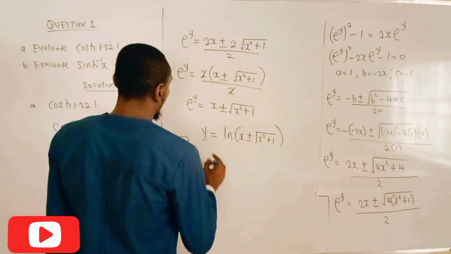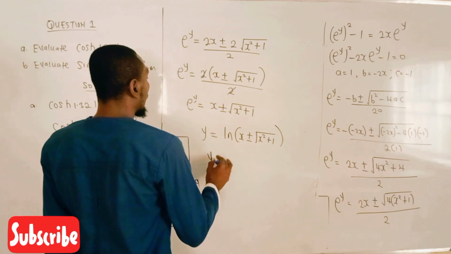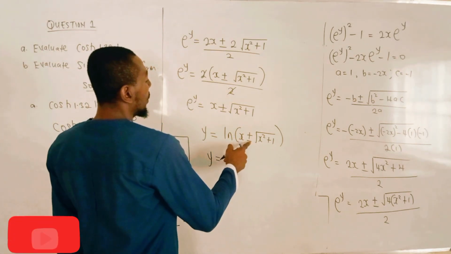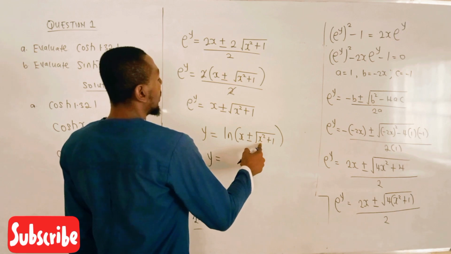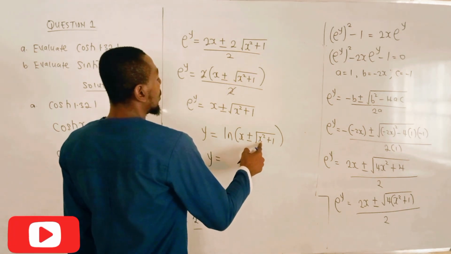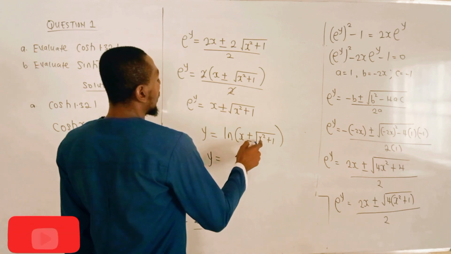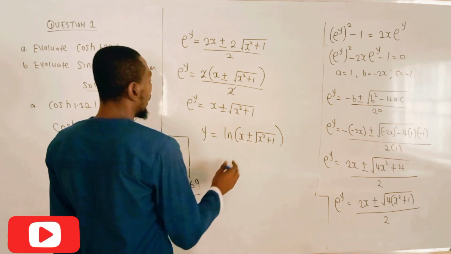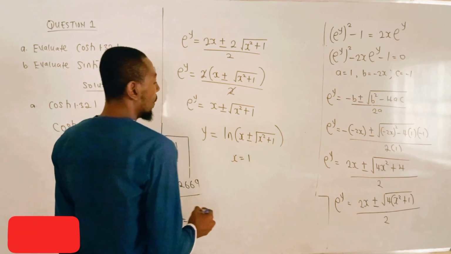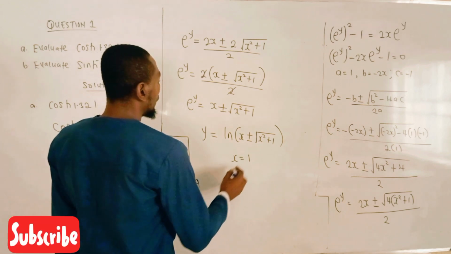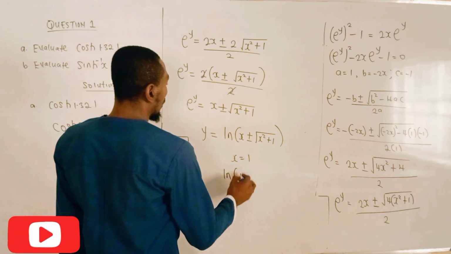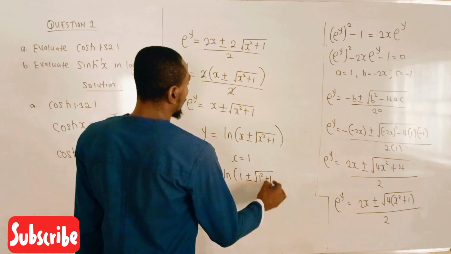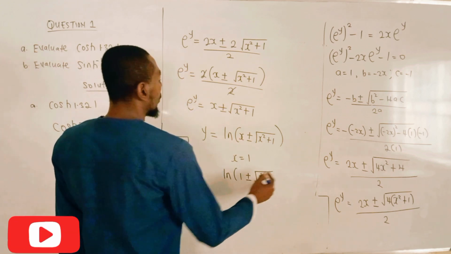Okay, but finally, y cannot take the negative value, because the value of the square root will be more than x. Taking x to be 1, you see that we're going to have ln of 1 plus or minus the square root of 1 squared plus 1, and 1 squared plus 1 will give us 2.